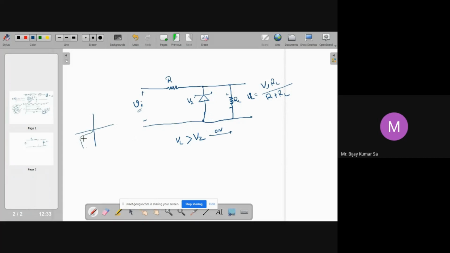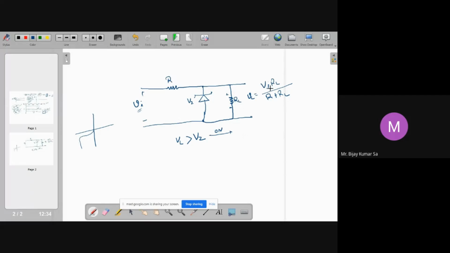If we have the diode such that the operating point is in the zener region, it is the same as saying that the zener diode is turned on in the reverse direction.